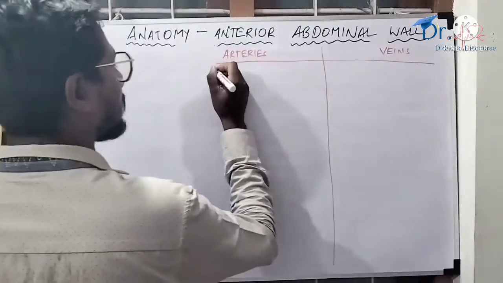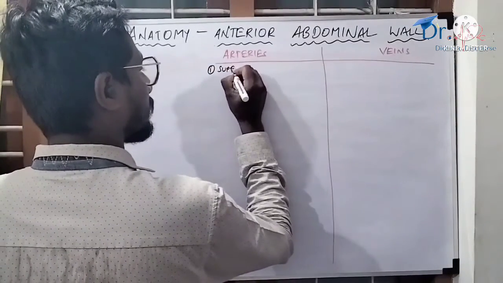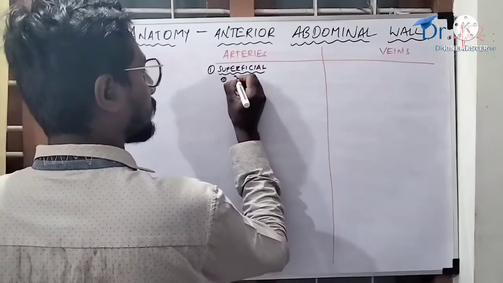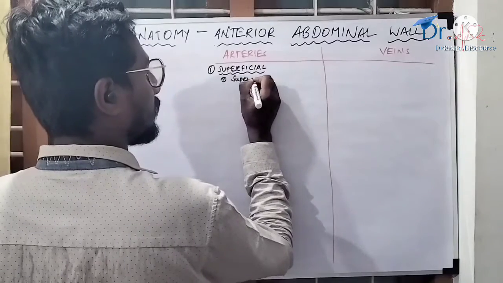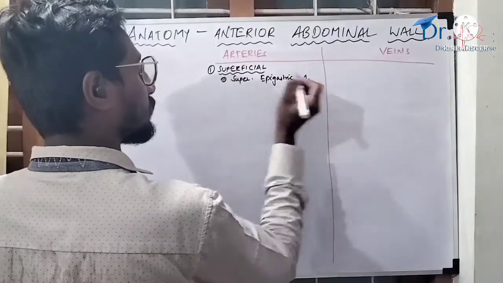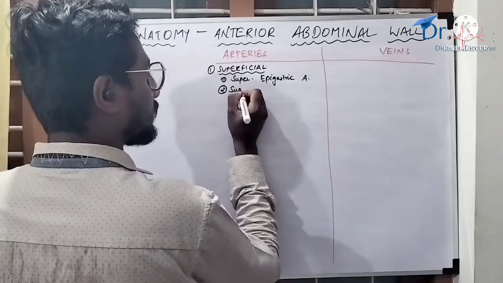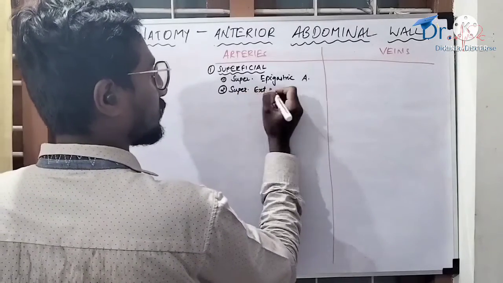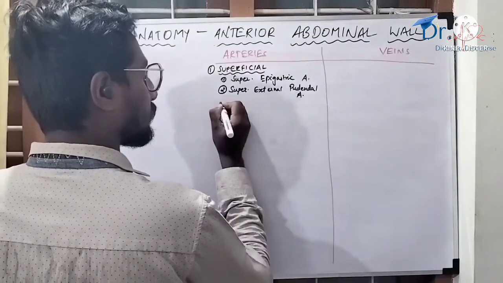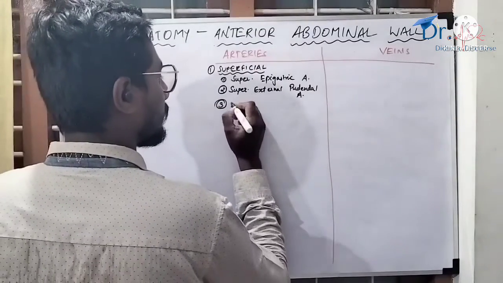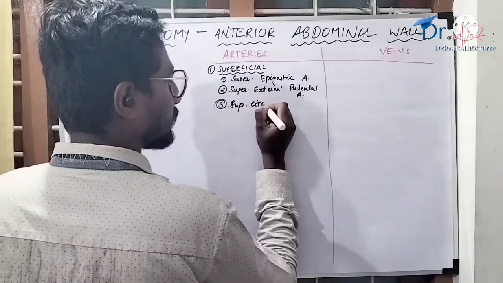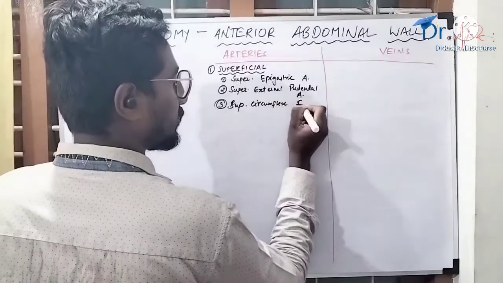Coming to the superficial arteries, you have the superficial epigastric artery, the superficial external pudendal artery, and the superficial circumflex iliac artery.